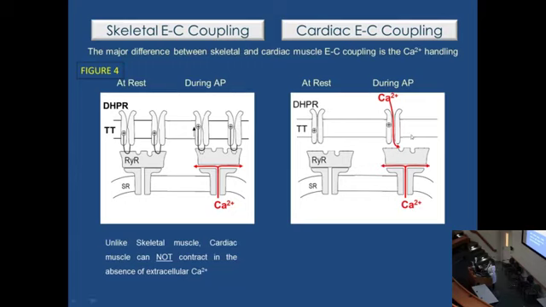But if you have the cardiac muscle in the same conditions, if there is no extracellular calcium, it doesn't matter how high you electrically stimulate that cell, it will not contract. So that tells you that the cardiac EC coupling needs the influx of extracellular calcium. Okay? Questions?